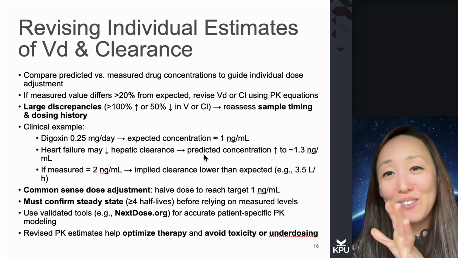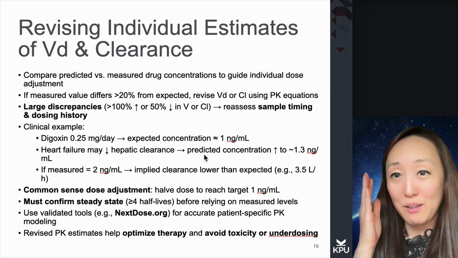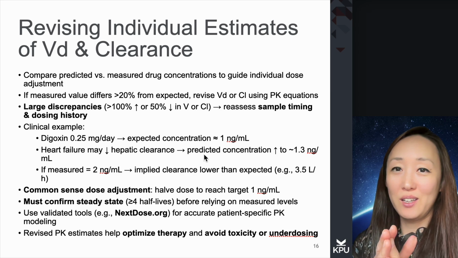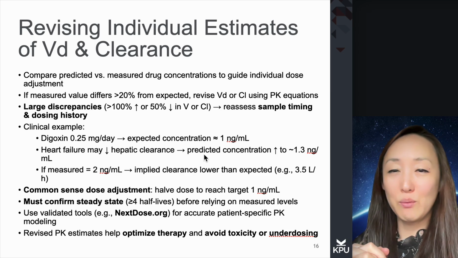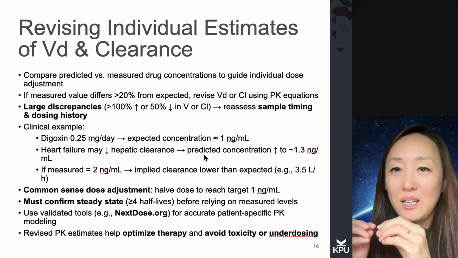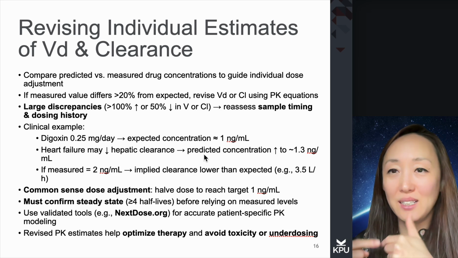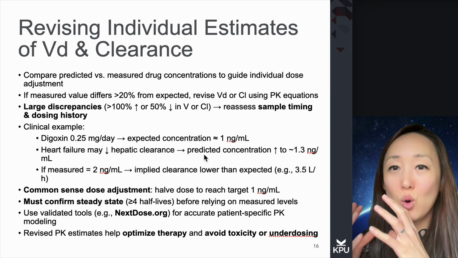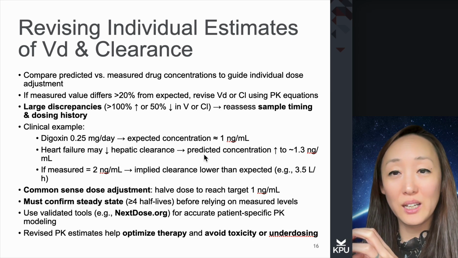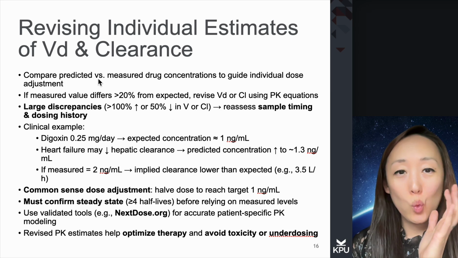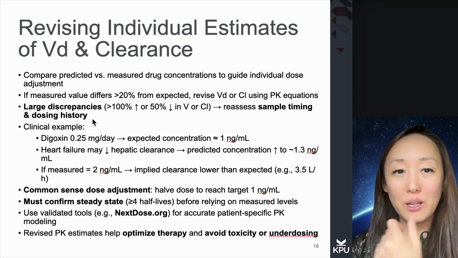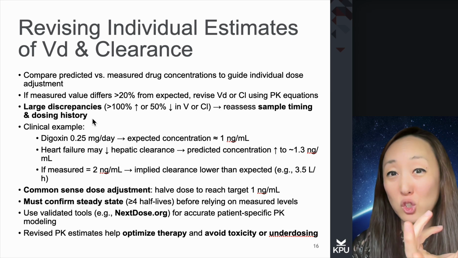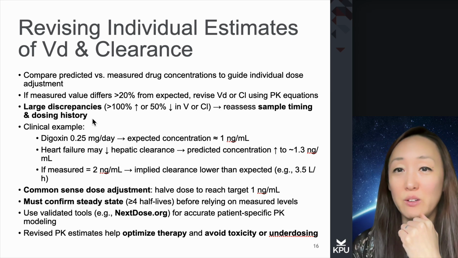So now that we've discussed how to estimate volume of distribution and clearance, and all the considerations and circumstances that we need to account for, let's explore how to revise those estimates based on what we observe in the clinic. So we often make initial predictions using population data, the benchmarks, the average clearance, the standard volumes.